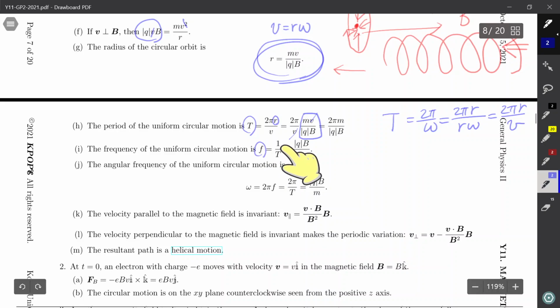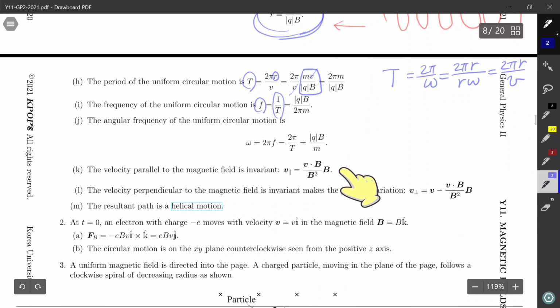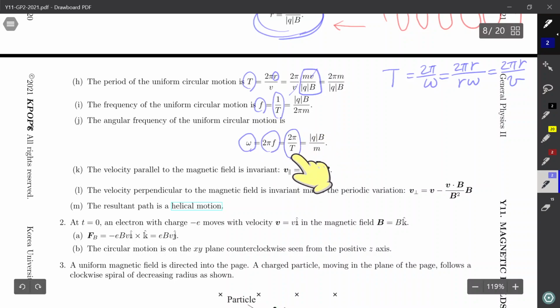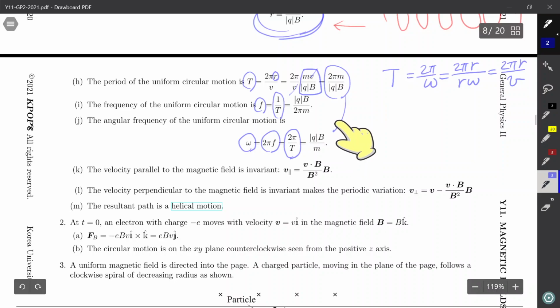And frequency is the reciprocal of the period. Angular velocity or angular frequency is 2 pi times frequency, or 2 pi over period. Substituting in here, that is qB over m.